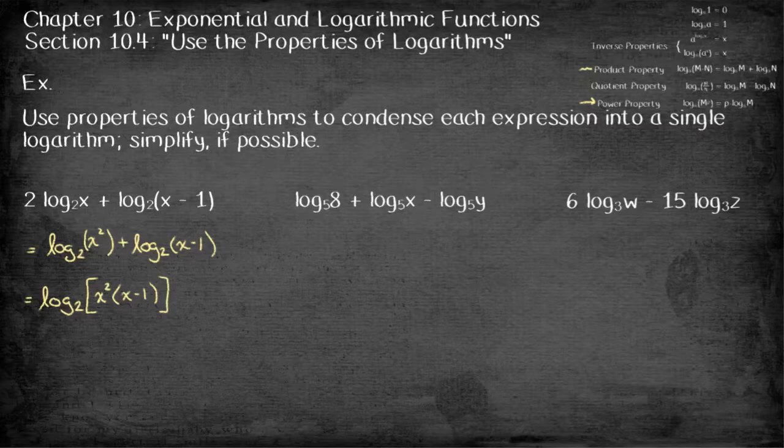All right, let's look at the second one. So these first 2 logarithms are being added together, which means we can combine them by multiplying. And then this creature here, the log base 5 of y is being subtracted. So then we're going to be applying this quotient property.